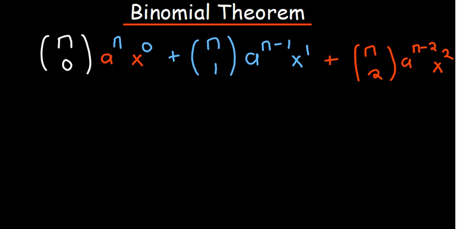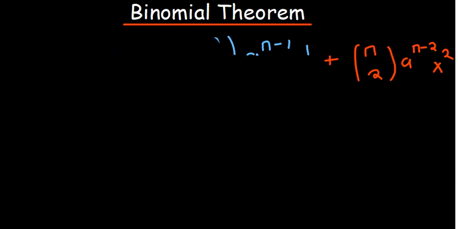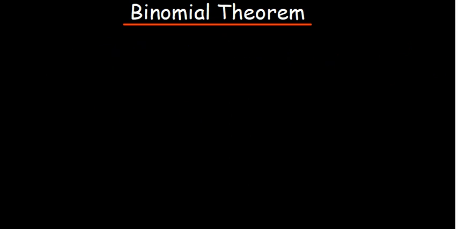Okay, so how do we use this expansion? Of course, earlier on we saw that we can use Pascal's triangle to deal with simple expansions like 2 plus x, let's say to the power 2, even up to the power 3. It's very easy to expand that.